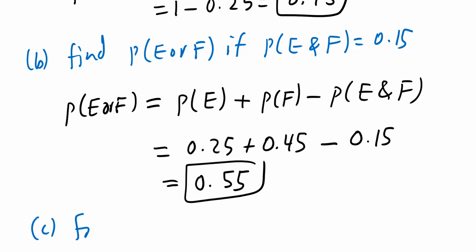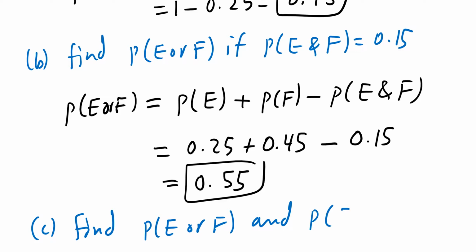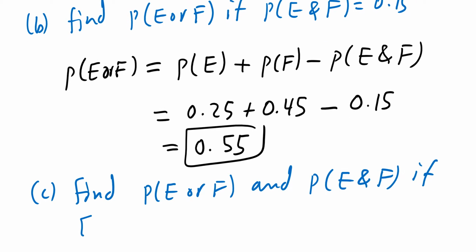Part C, find the probability of E or F and the probability of E and F if E and F are mutually exclusive.